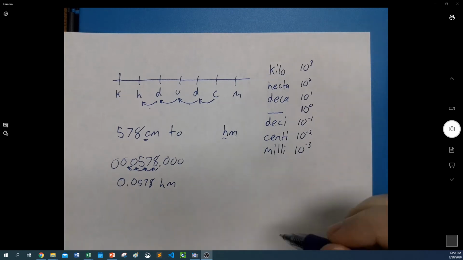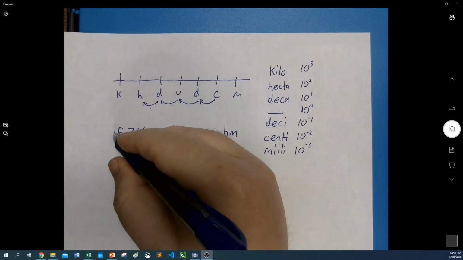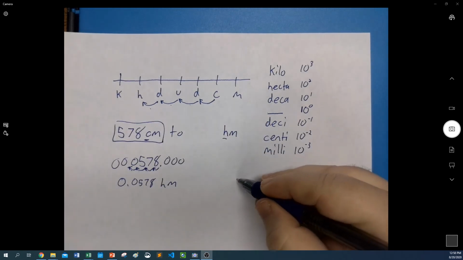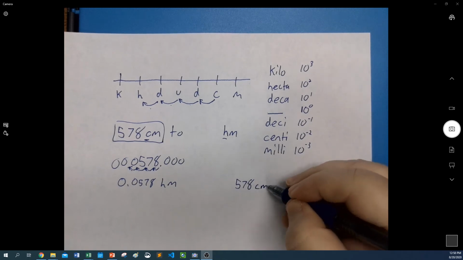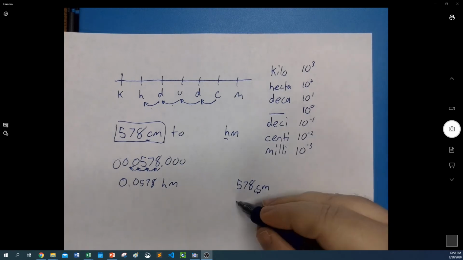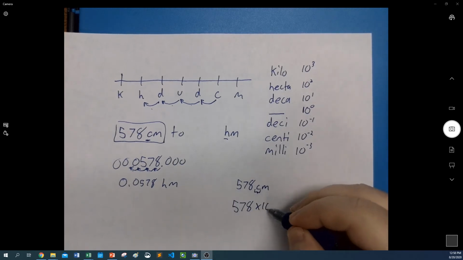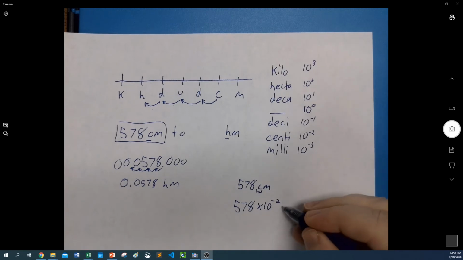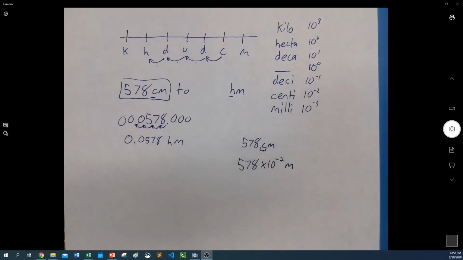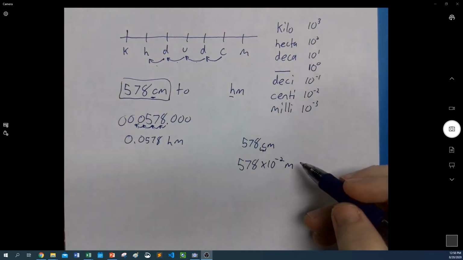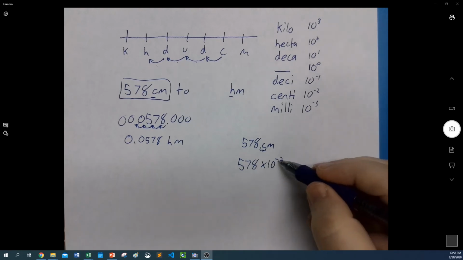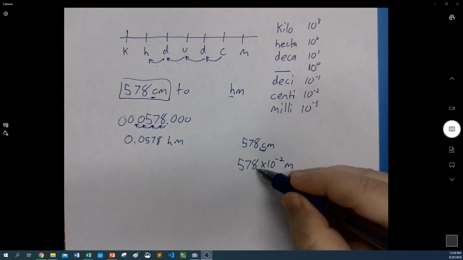So if I wanted to convert 578 centimeters, I can replace the C with the scientific notation of it: 578 times 10 to the negative 2 meters. And then I can realize that I can move over one.